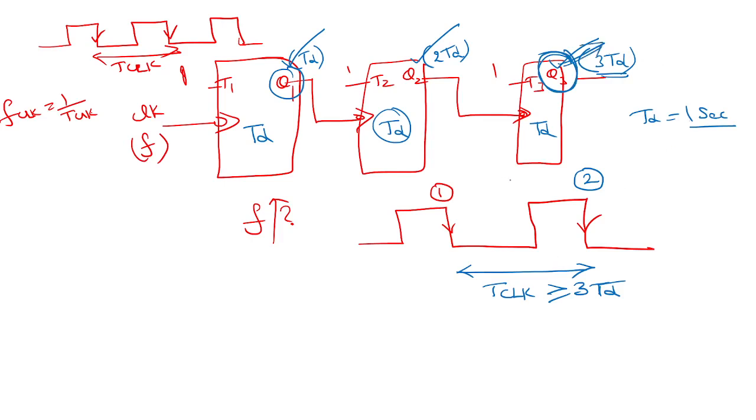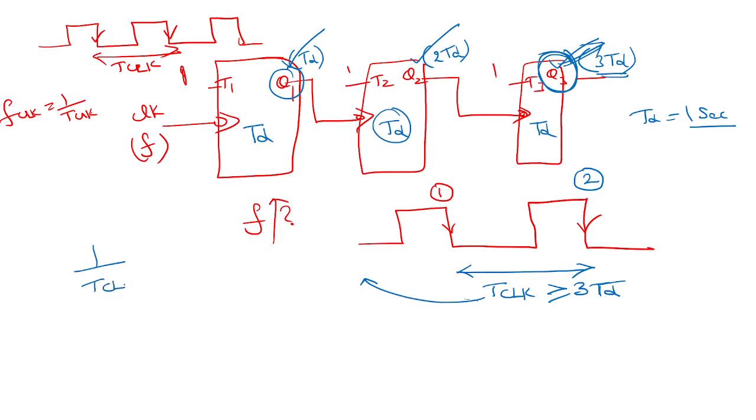Anything more than 3 seconds is fine. You can take the clock time as 4 seconds, 10 seconds, 100 seconds. But you cannot apply a second pulse at 2 seconds because the processing is still going on; the process gets over after 3 seconds. Now, the same discussion in terms of frequency.